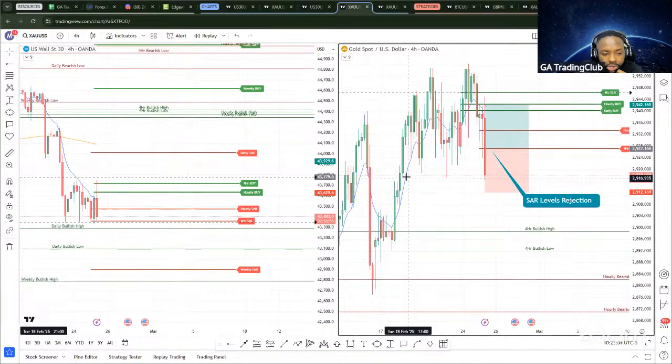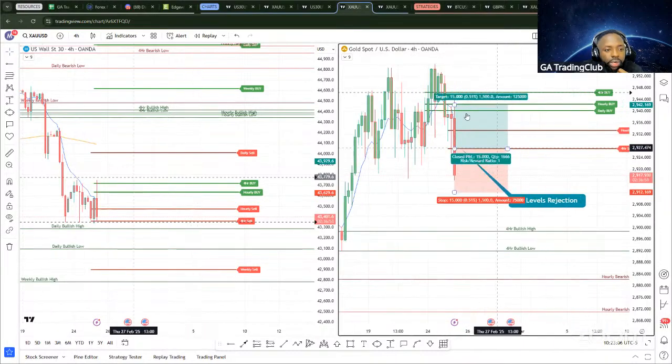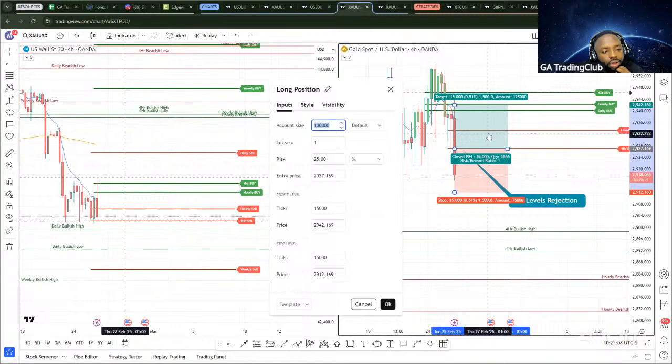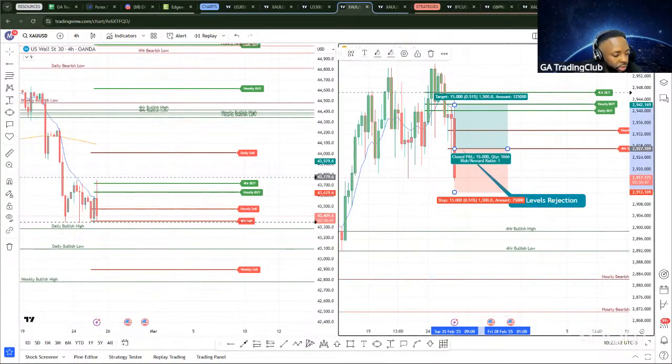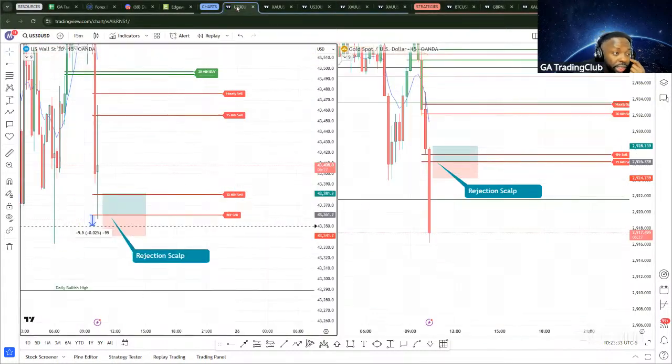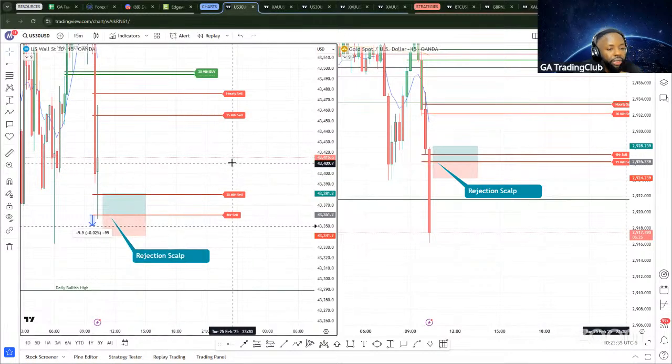If we break this wicks, we'll probably get stopped out for this one. So this is, what is it? It's a $15 stop loss and TP on gold. So hopefully we get a rejection back up to the upside.